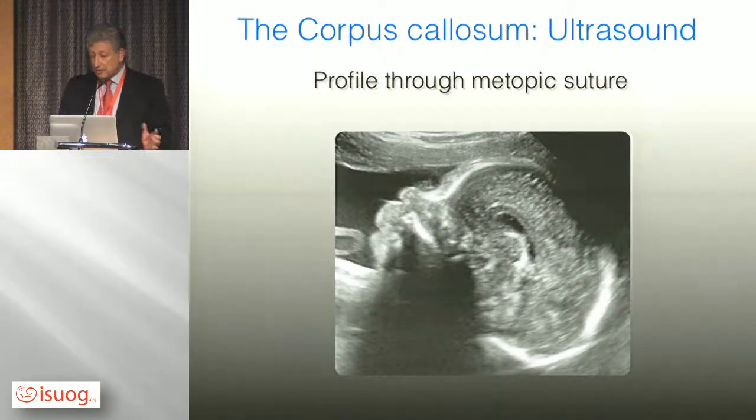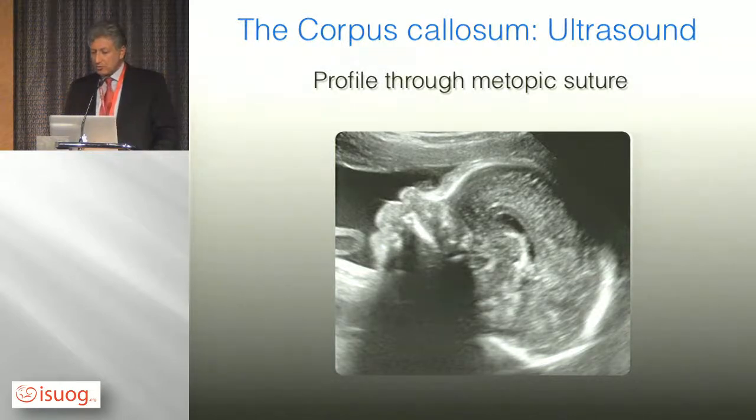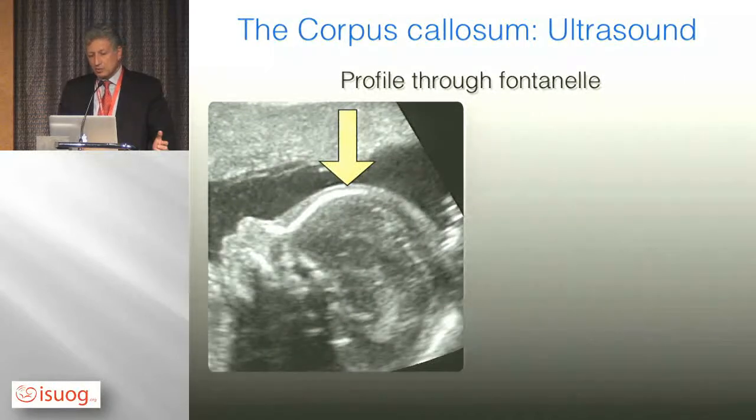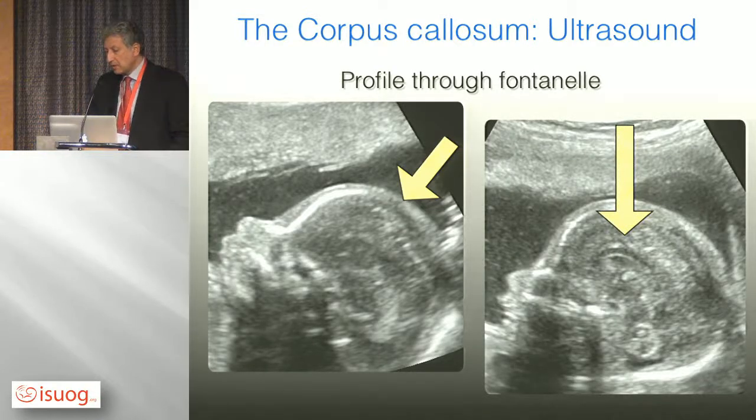And as we said before, with a profile through the metopic suture, the corpus callosum can be well seen, but occasionally you don't see it very well. This is why you should move the transducer a little bit higher and scan through the fontanelle, and then you can see it clearly in a vertex position.